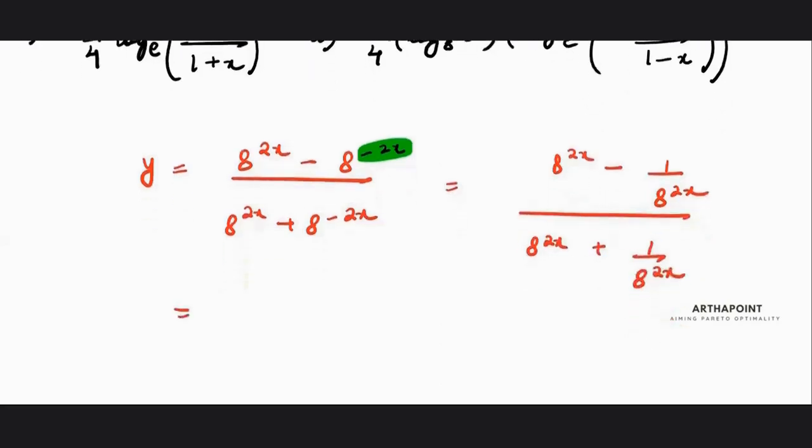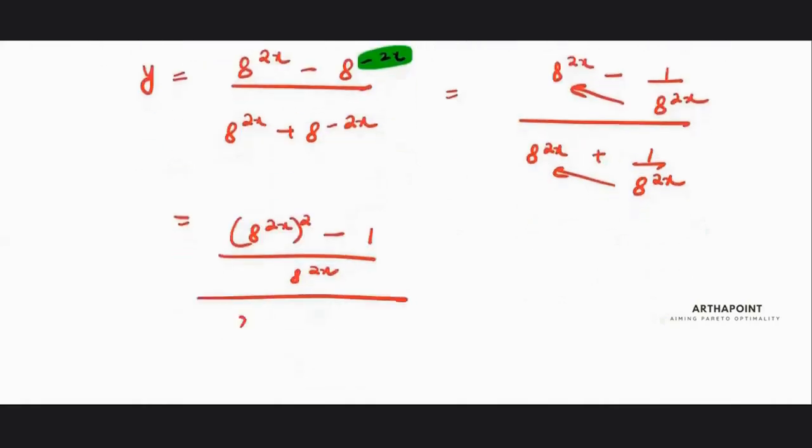Now I will multiply and make the denominator common: (8^(2x))^2 minus 1 upon 8^(2x), upon (8^(2x))^2 plus 1 upon 8^(2x). So this will get cancelled.